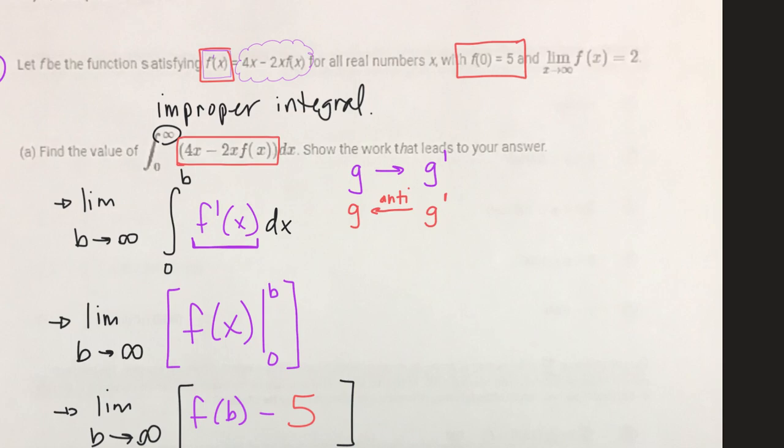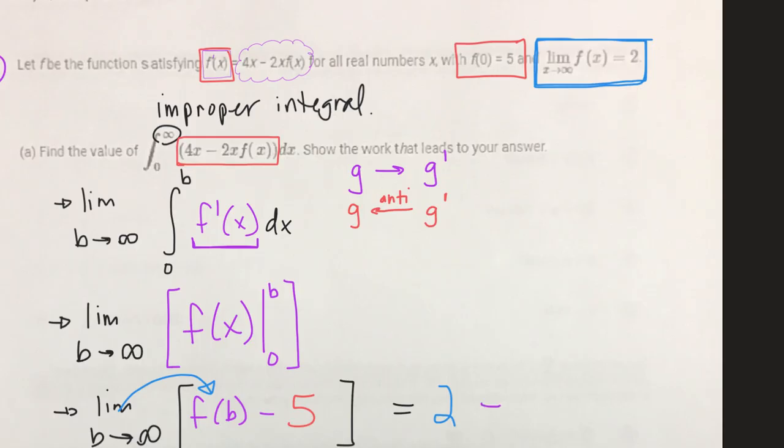So now let's actually take the limit like it says to. What is the limit of our function for all values of x? It's 2. The horizontal asymptote for our function is 2.